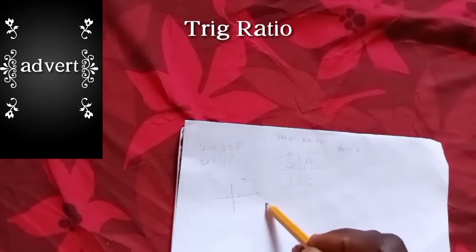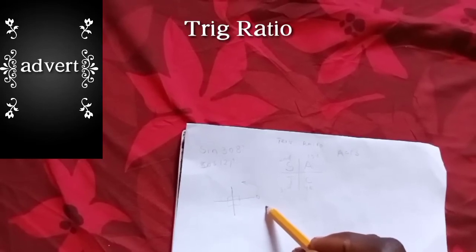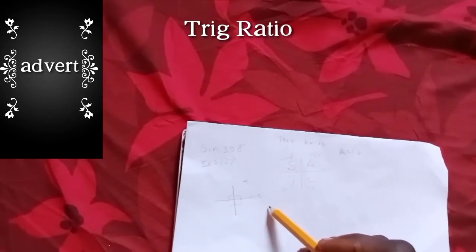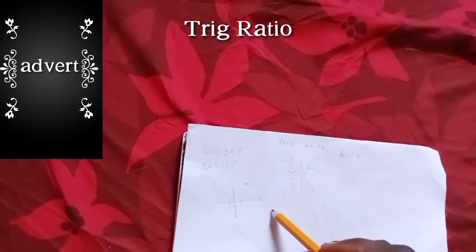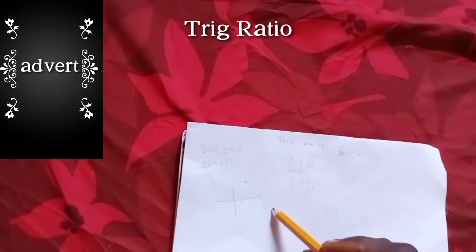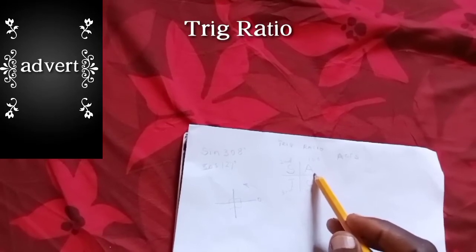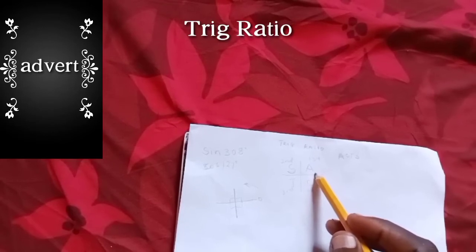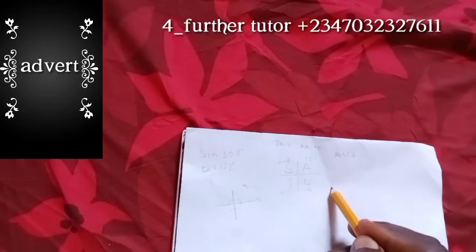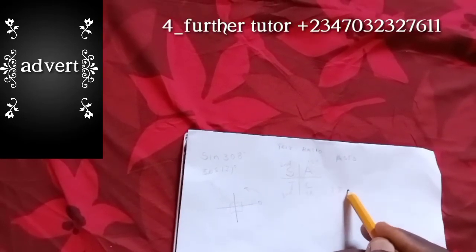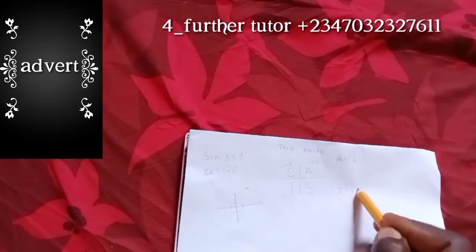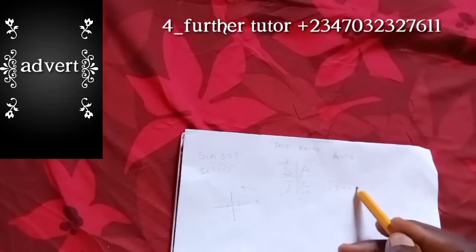Having known this, please take note of this. Whenever you have an angle that is greater than 90, like if you are given 100 or maybe 150, what I need you to do is simply say 180 minus that angle, or you can call it theta.